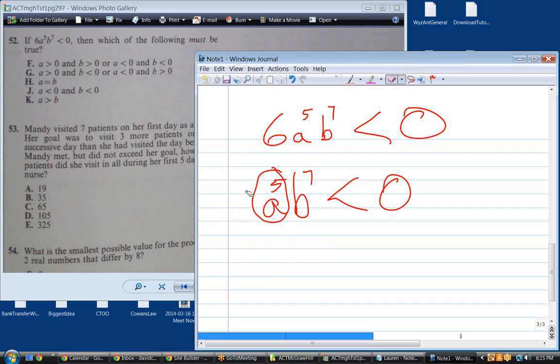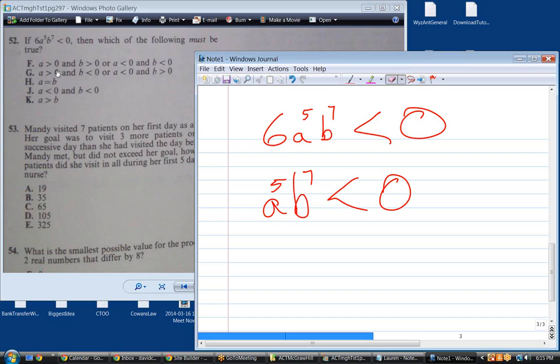We want one of these terms to be negative and one of them to be positive. If both of them are negative or both of them are positive, this will not be true. So we want A to the 5th to be opposite sign of B to the 7th. Well, how about G?